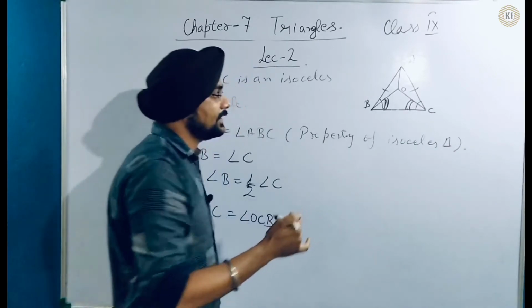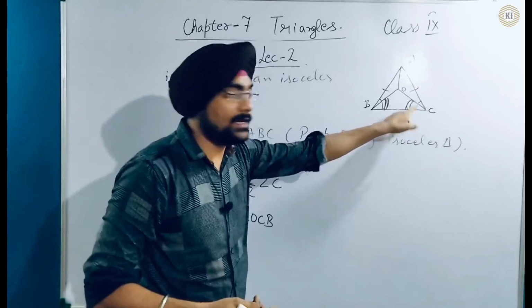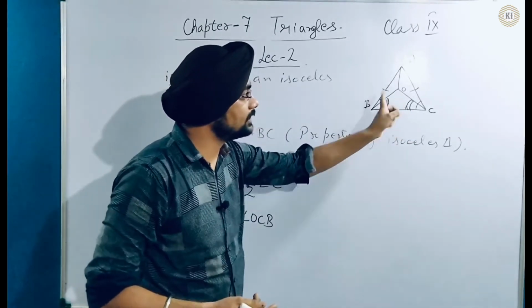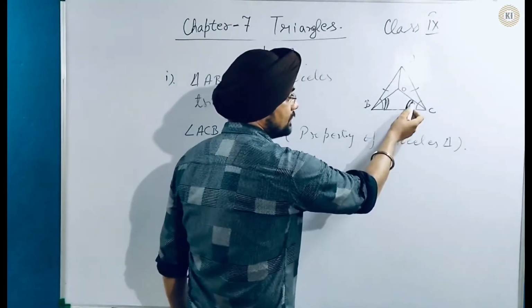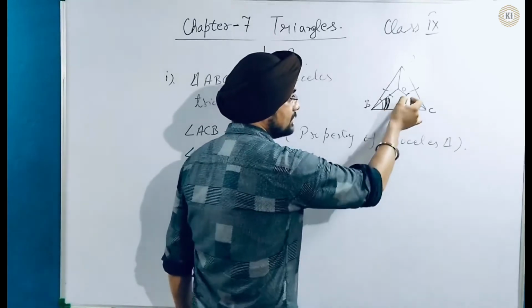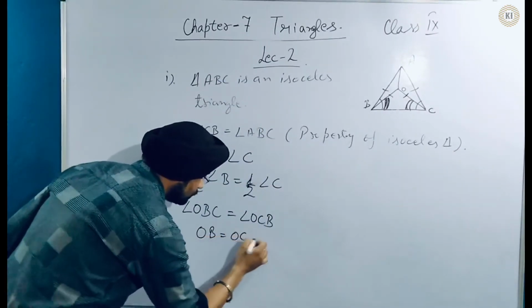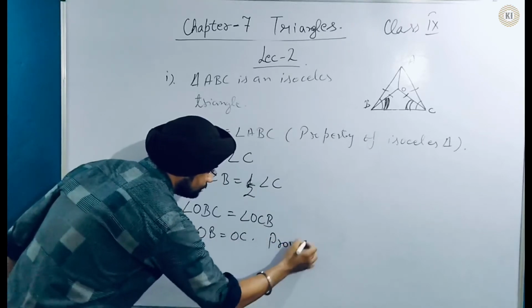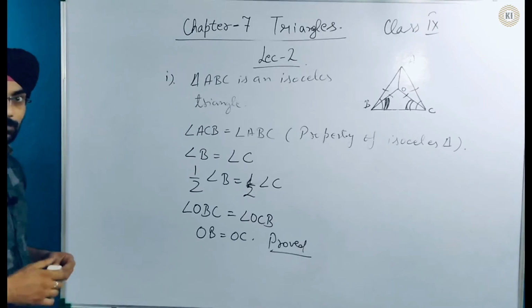By the converse theorem, if two sides are equal their opposite angles are equal, and if two angles are equal, their opposite sides will also be equal. The opposite side of this angle is OB, the opposite side of this angle is OC. So now we can write OB is equal to OC. That is proved. So the first part is proved, that is OB is equal to OC.